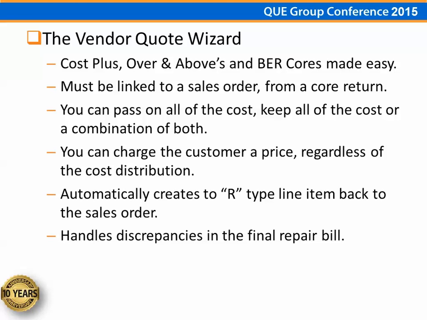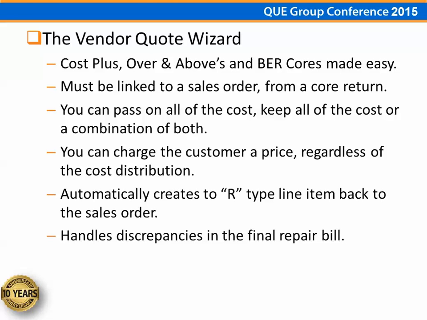You can also charge the customer, in addition to passing on the cost or not passing on the cost. Regardless of how you do that, you can charge your customer a price. So if it's a cost plus exchange, where you exchange the unit to the customer and then charge the customer for the repair, this is where you can mark up the repair.